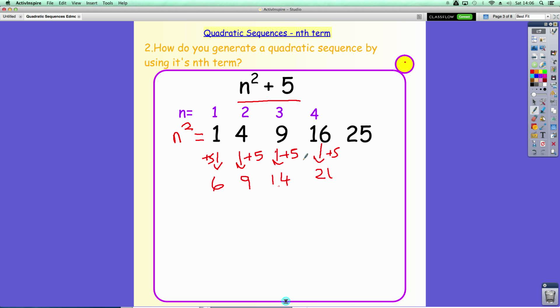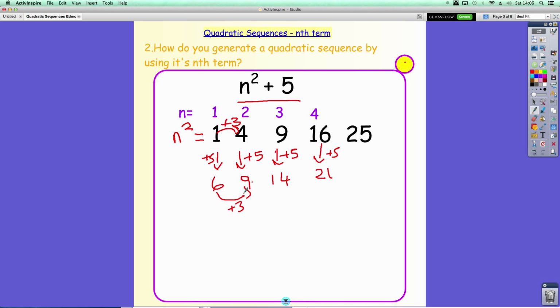And what you'll notice, because you're adding 5 each time, the difference between it doesn't actually change. So the difference between 1 and 4 is 3, and it's the same difference between 6 and 9 there. So that doesn't change, it's just the values that change because you've increased each number by 5.